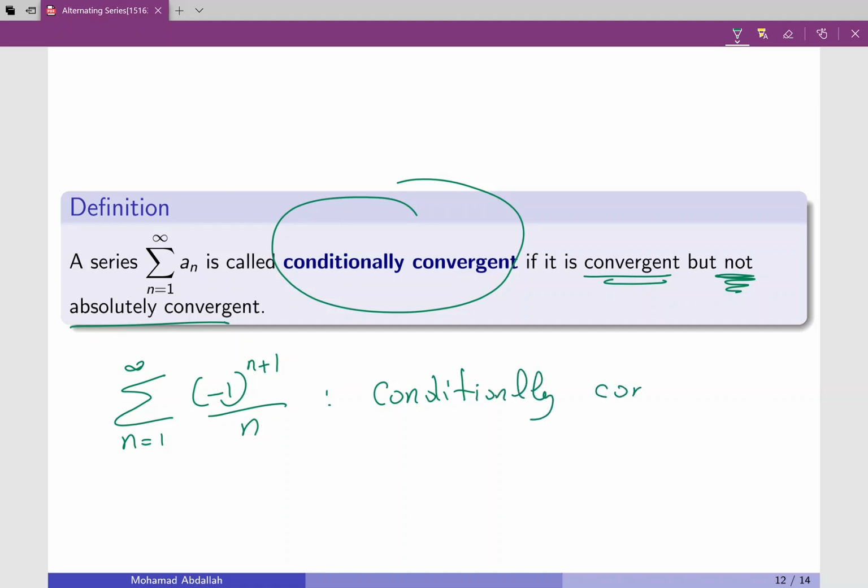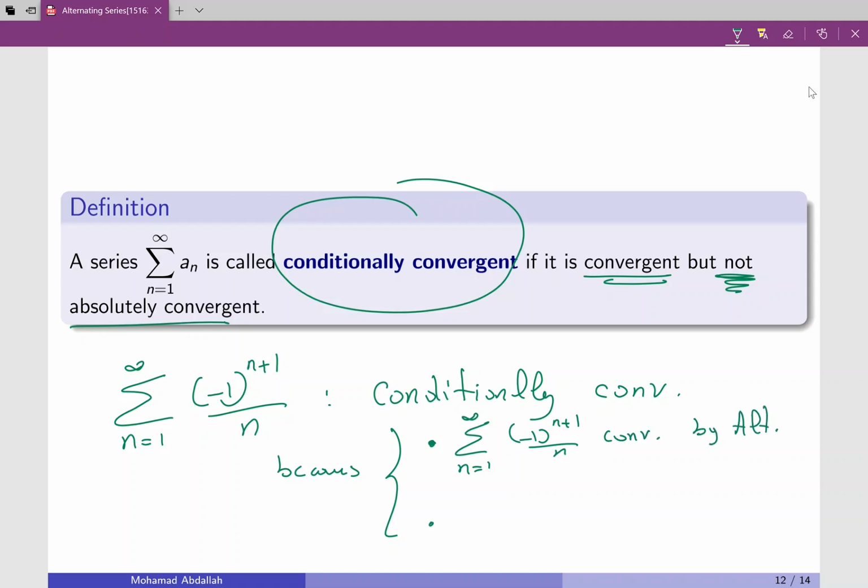Because we showed that it's convergent using the alternating series test, and we know that its absolute value is divergent because of two things. The first thing is the series from n equals 1 to infinity of negative 1 to the n plus 1 over n converges by the alternating series test.